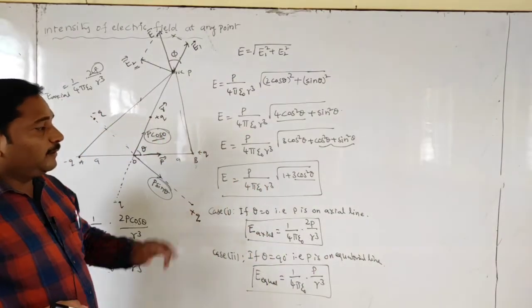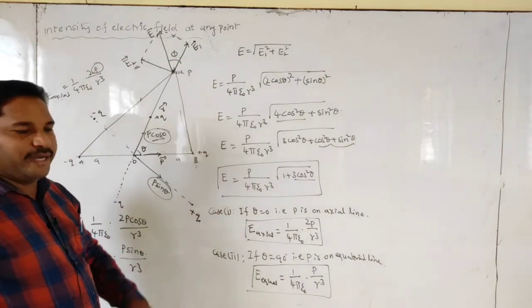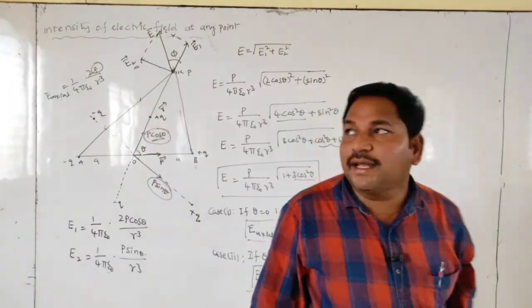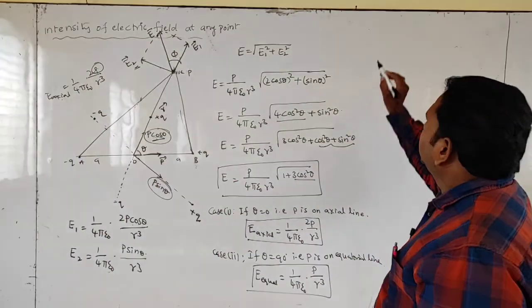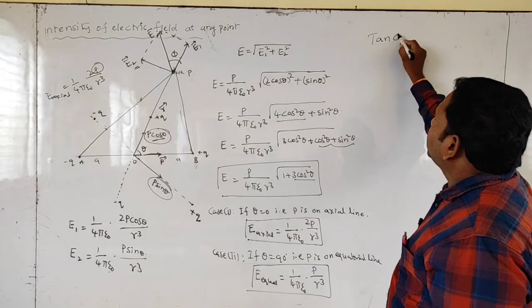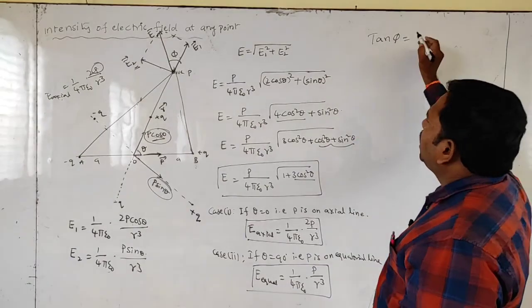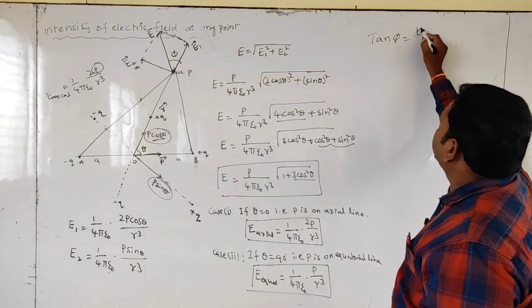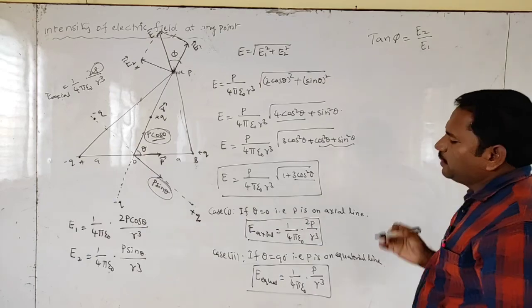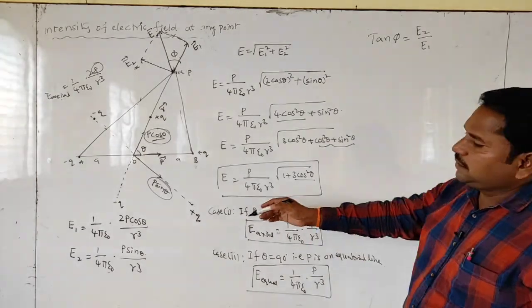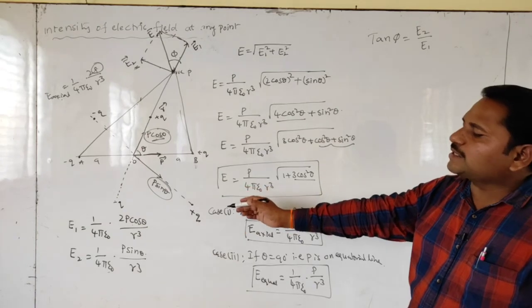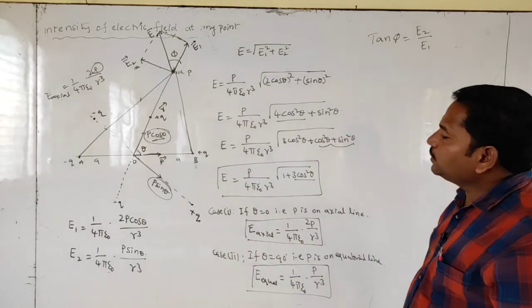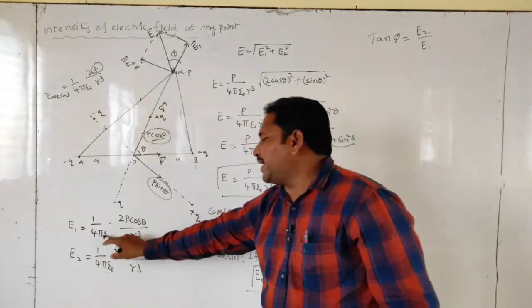So this is the formula for any point. Now the resultant makes an angle phi with E1. Now tan phi equals the opposite side, E2 by E1. E2 is 1 by 4 pi epsilon naught 2p cos theta by r cube, and E1 is 1 by 4 pi epsilon naught p sin theta by r cube, so the common terms cancel each other.